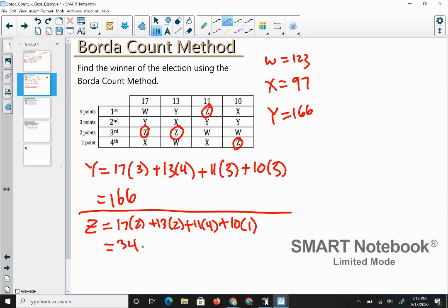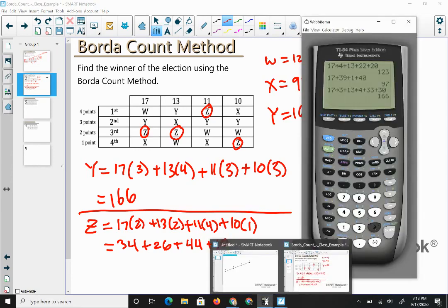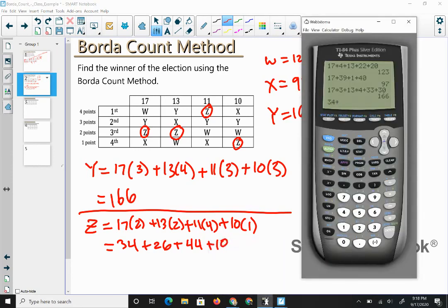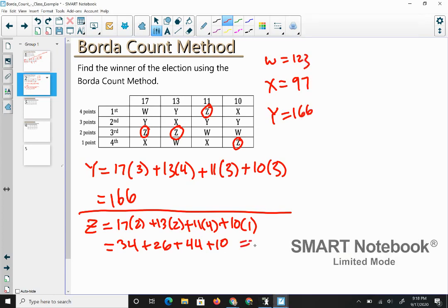That gives us 34 plus 26 plus 44 plus 10. We have 74 points. So we can say that Y came in first, W came in second, X came in third, and Z came in fourth place using the Borda count method.